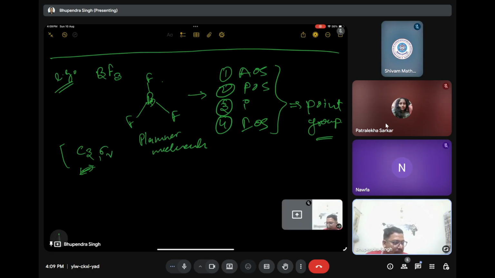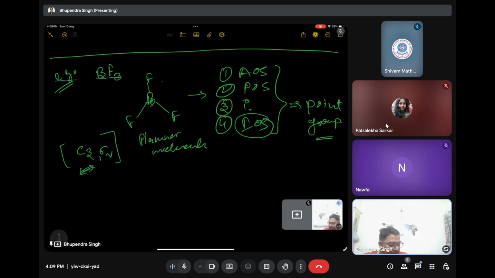Now, is a center of inversion there or not? No, the center of inversion is not there. And then the improper axis of symmetry. Okay, anyway.